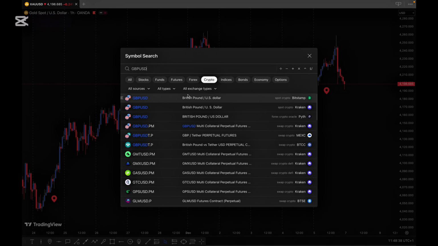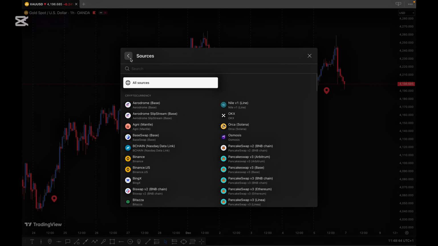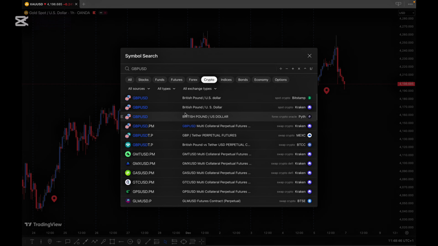So let me try and do this. Okay, this is taken from all sources, that's why it's still showing here. But this in itself is not actually a forex pair, that is gold against the dollar.